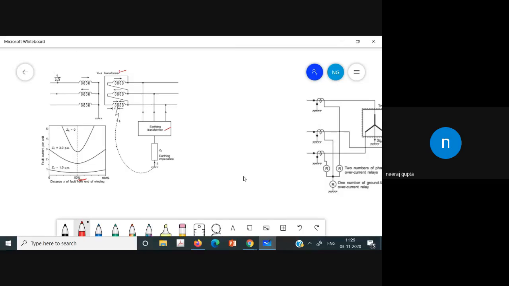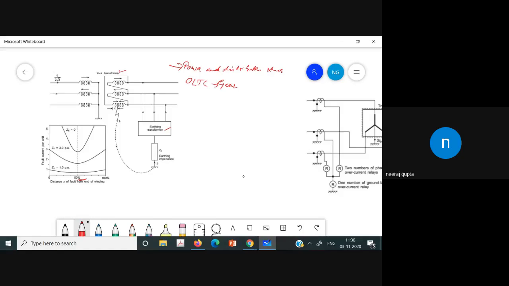Then, if we take the case of the power and distribution transformer, they have on load tap changing gear, OLTC. So that is another source of fault. The on load tap changing gear is there.